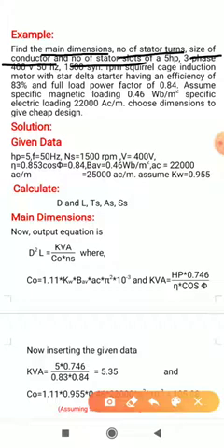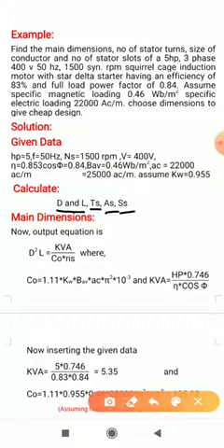The calculation of the number of stator turns, that is TS, size of the stator conductor, that is AS, and number of stator slots, SS, is nothing but the stator design. It means in this example, along with the main dimensions D and L, we want to determine the stator design also.